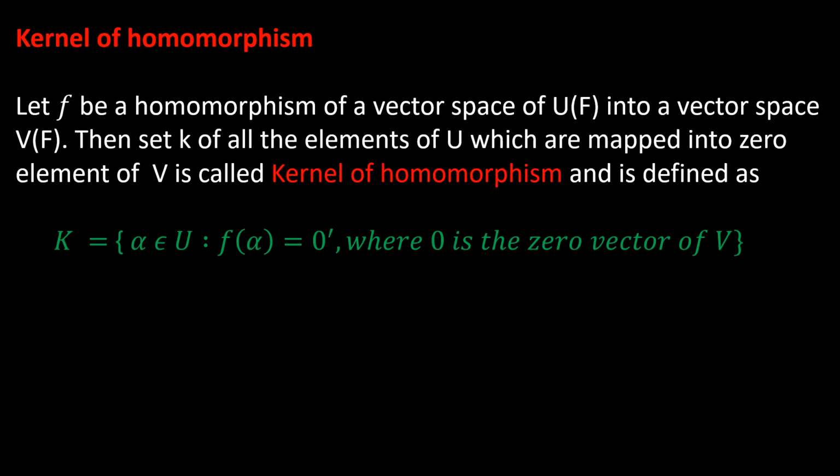Then the set K of all the elements of U which are mapped into the zero element of V is called the kernel of the homomorphism, and it is defined as K = {alpha belonging to U, where f(alpha) = 0}, where 0 is the zero vector of V. In a simple way, all the elements that are mapped onto the identity element are called the kernel of the homomorphism.